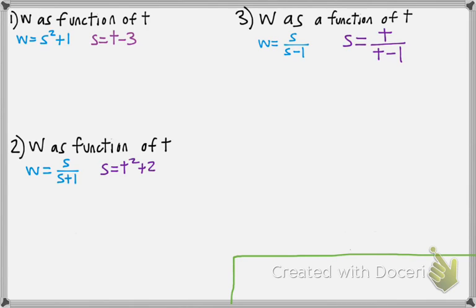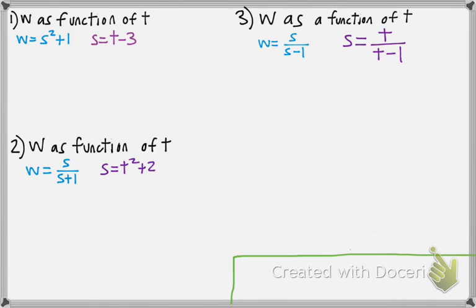And they give us s, and it's a function of t. So I need to, instead of using two functions here, combine these into one function, where I have w equal to some function in terms of t. So I actually don't want to see any s's in my final answer.